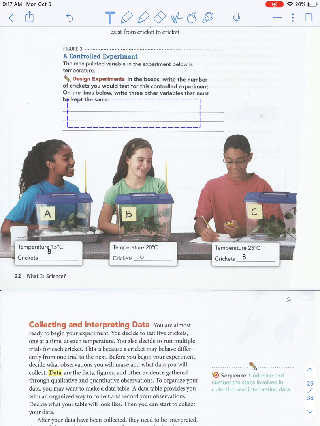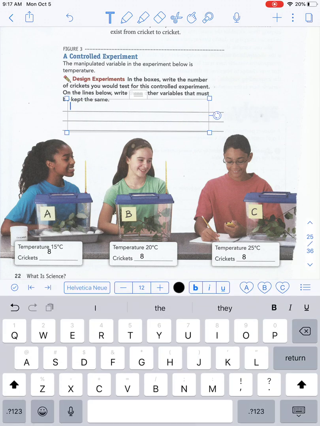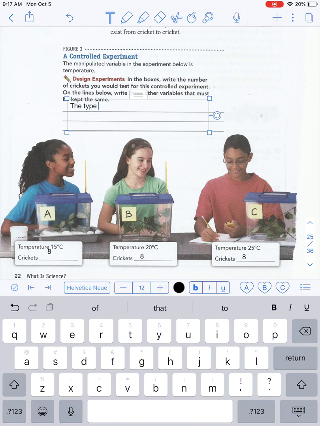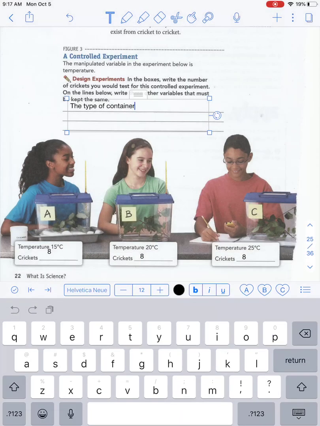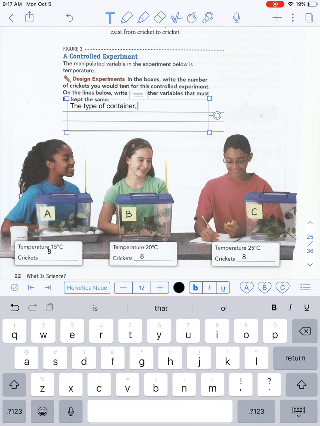Now, up in the designing experiments box, remember we have to keep 3 other variables the same. So what other type of variables must be kept the same in order to make this a controlled experiment? I need to keep the type of container the same. The type of container.